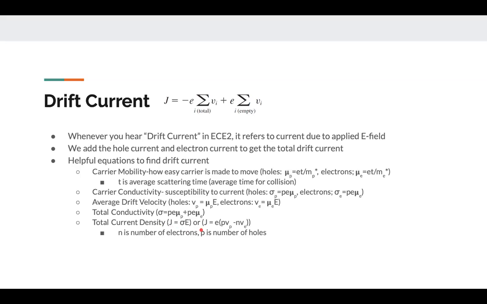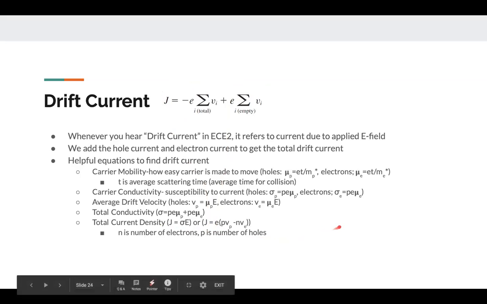Or you can also find this by charge times velocity, using the equation up here: charge times the number of holes times the average hole drift velocity minus the number of electrons times the average electron velocity.